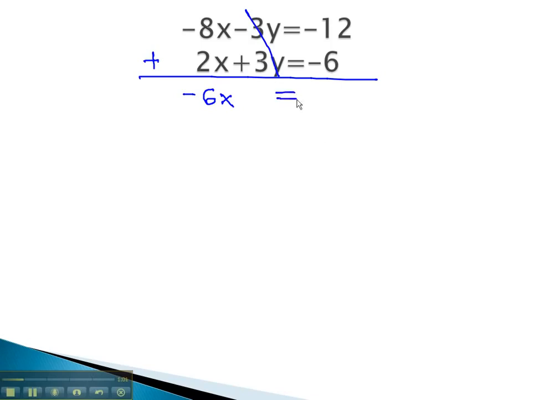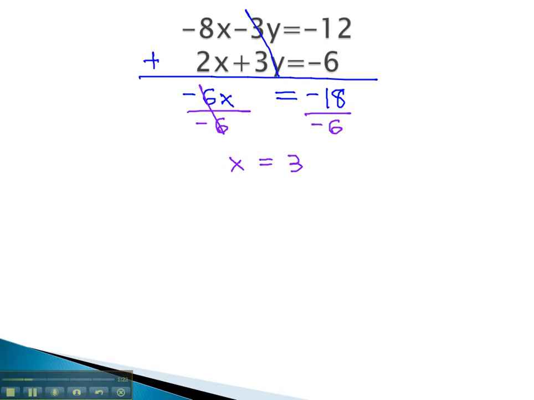There are no y's left in this equation. As we add the right side, negative 12 and negative 6, we get negative 18. And we now have an equation that we can quickly solve for x by simply dividing by negative 6. We find x is equal to 3.